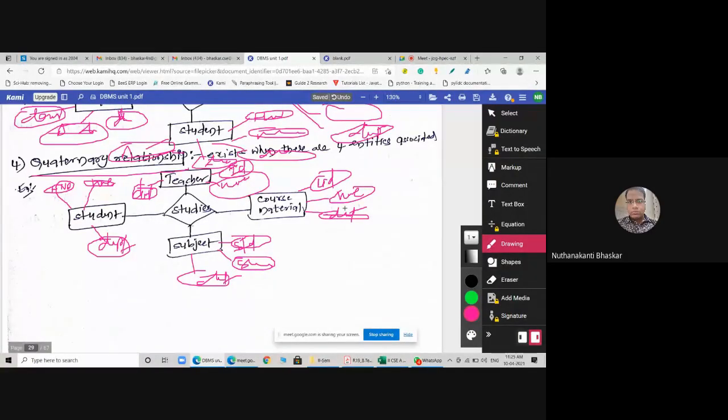Now, based on this, can you tell me any one example? Please, everyone think. Tell me. I need two to three examples on this quaternary relationship.